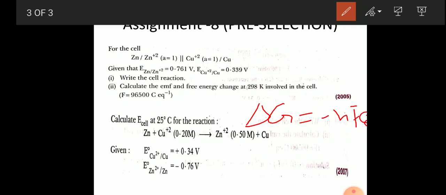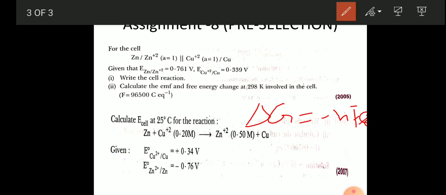You will use this formula. Here n is the number of electrons, and E you'll calculate from the EMF. So you can calculate the free energy.